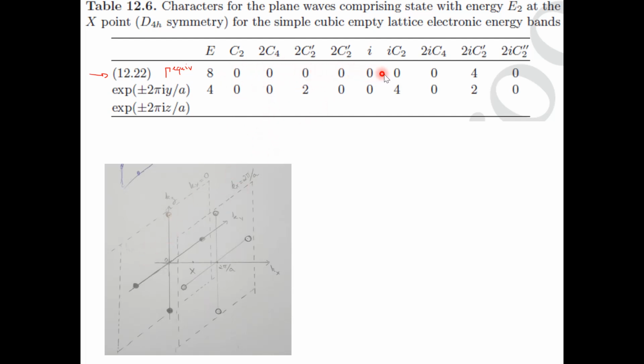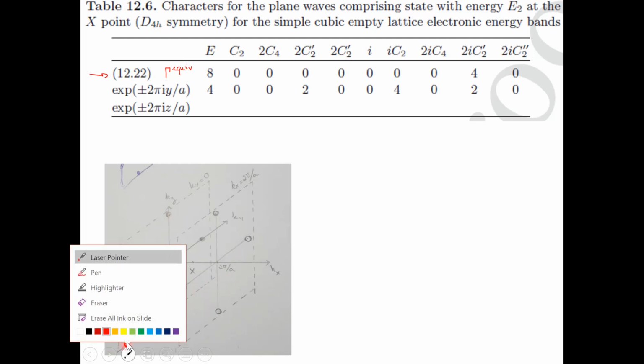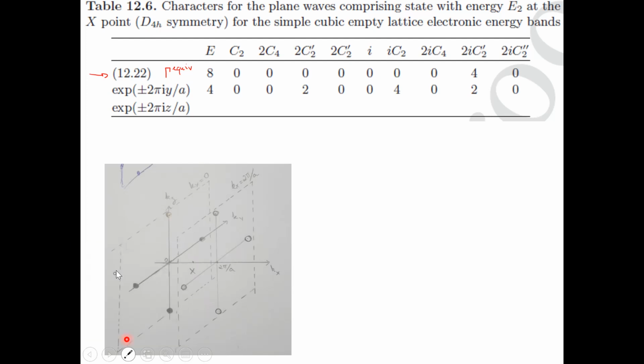Almost all of them are going to be equal to 0, except for this one, the C2 prime axis. What is the C2 prime? A rotation combined with inversion. The C2 prime is a rotation with respect to one of the perpendicular axes, either the y-axis or the z-axis.